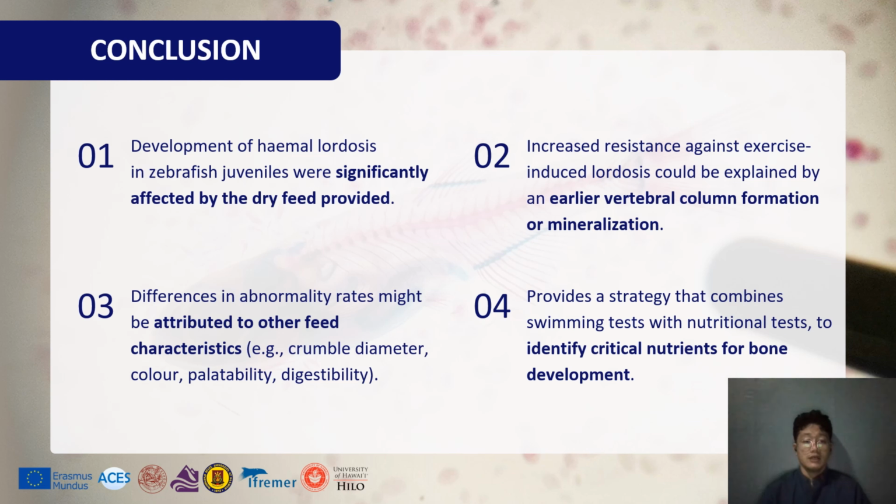However, differences in abnormality rates might be attributed to other feed characteristics such as crumble diameter, color, palatability, and digestibility, which were not included in this study. Overall, this study provides a strategy that combines swimming tests with nutritional tests to identify critical nutrients for bone development.